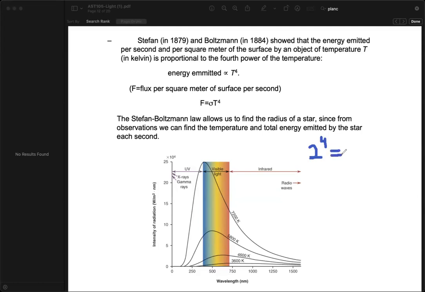Okay, so 2 to the power 4 times is 2 times 2 times 2 times 2. So 2 times 2 is 4, 4 times 2 is 8, 8 times 2 is 16. So 16 times.